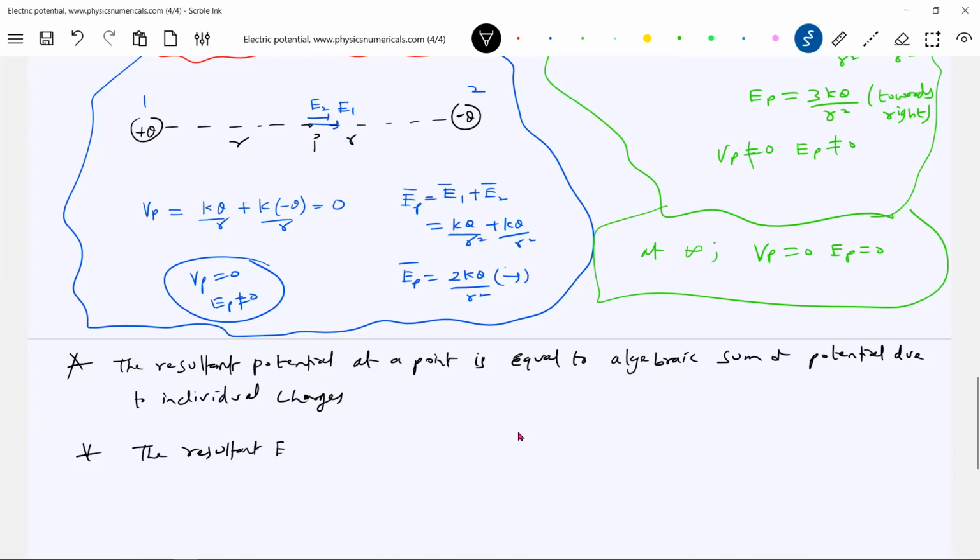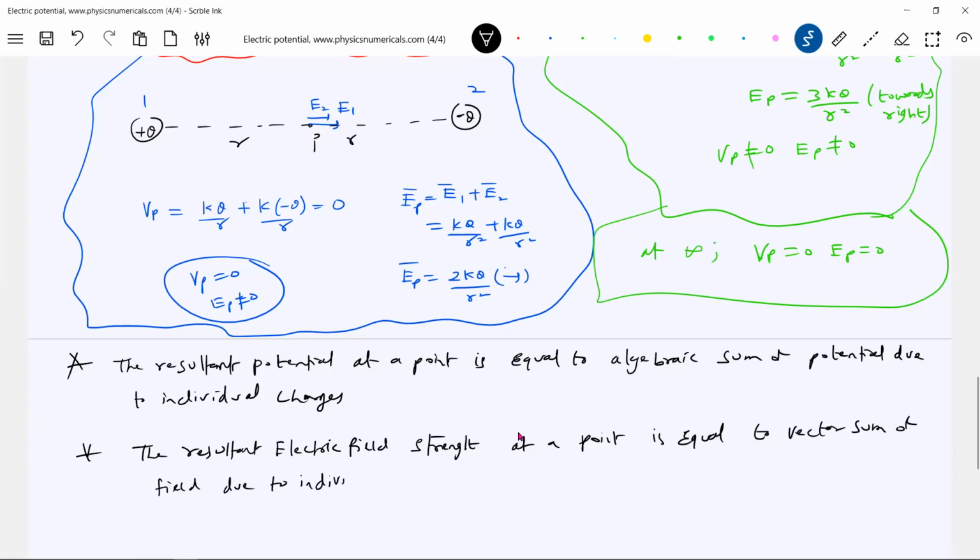The resultant electric field strength at a point is equal to the vector sum of field due to individual charges.